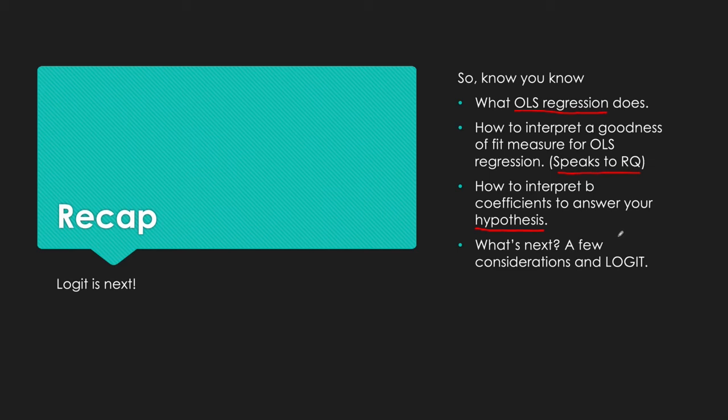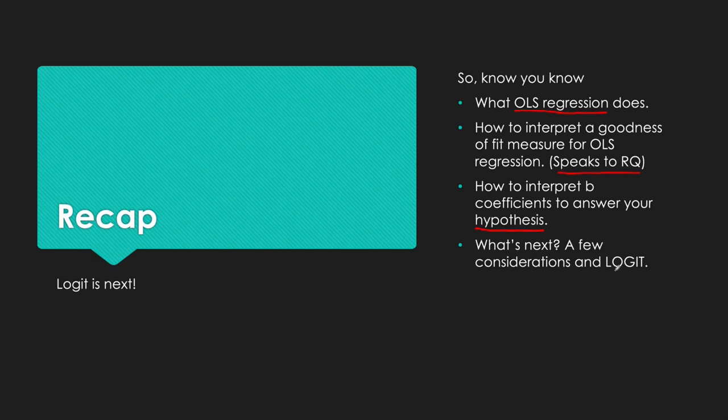And we can do this because we can interpret that beta coefficient by looking at the sign, looking at its significance, and then interpreting the coefficient to see what the impact is on the dependent variable. All right. And you now have a couple different ways in which to do that, boilerplate language and some margins that you can construct. So what's next?